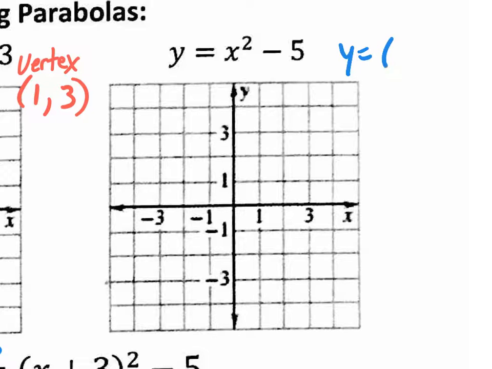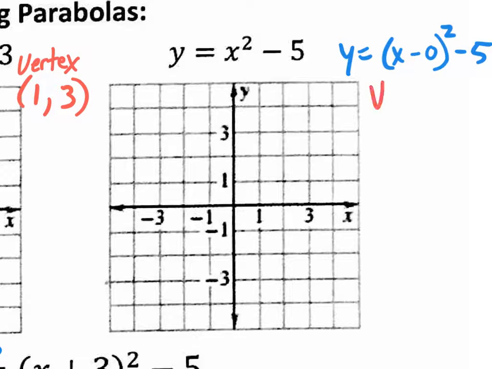y equals x squared minus 5. Now notice there is no parenthesis here. That means that there is no h value. So if there is no h value, you're going to represent that by saying minus 0. Okay? So the original could be rewritten like this, where your h is 0 and your k is negative 5.